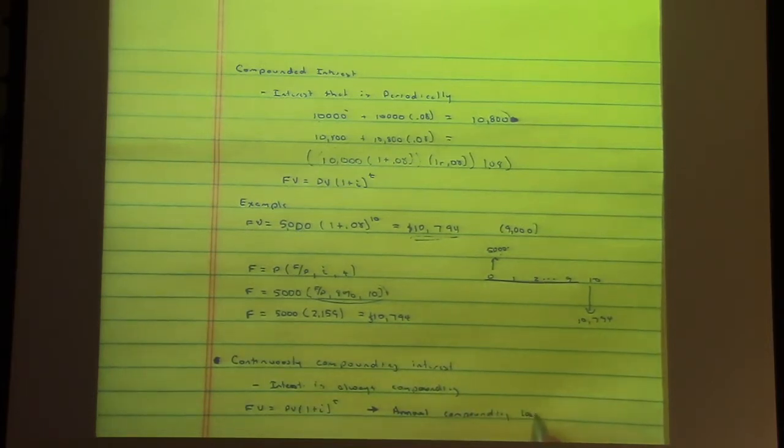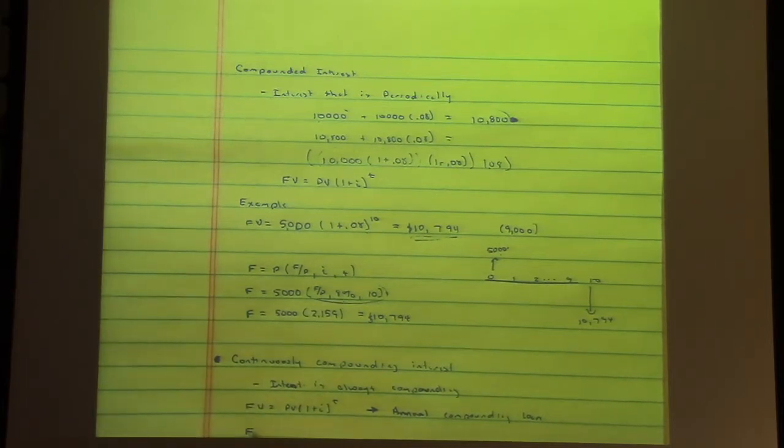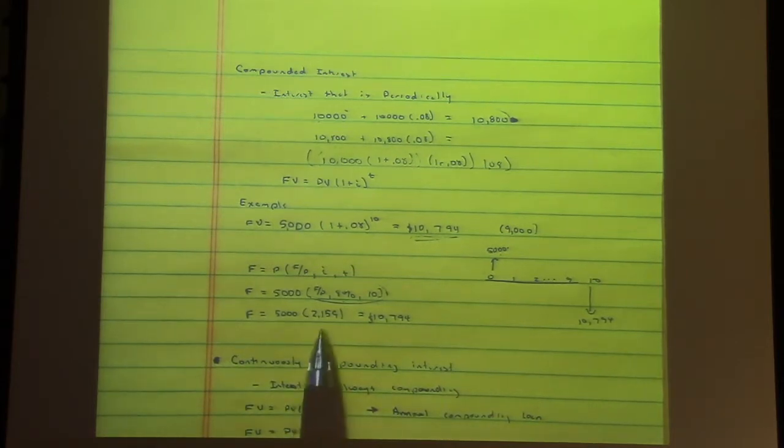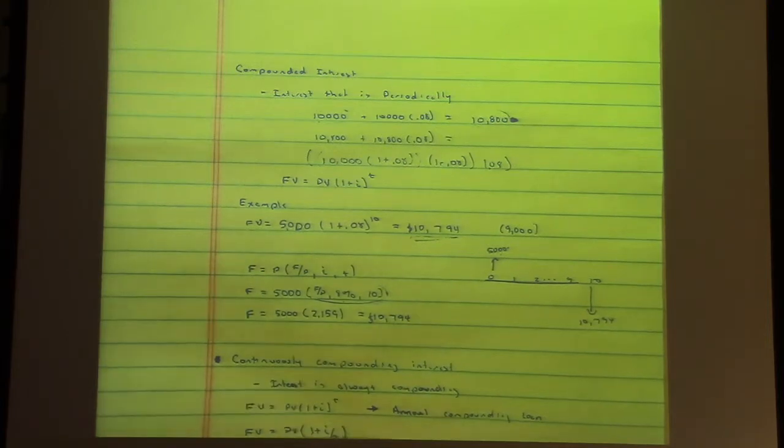Okay, let's say that instead of annually compounding, we're going to compound every 6 months. In that case, what we would see is that the future value would equal the present value times 1 plus the interest rate divided by 2. We're going to take the annual interest rate, in the previous example it was 8%, and say over 6 months, the effective interest rate will be 4%.